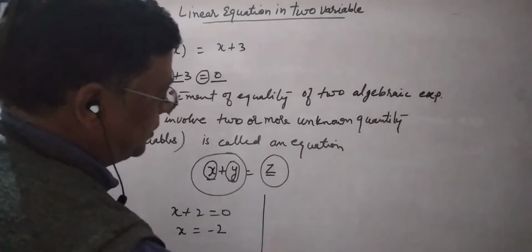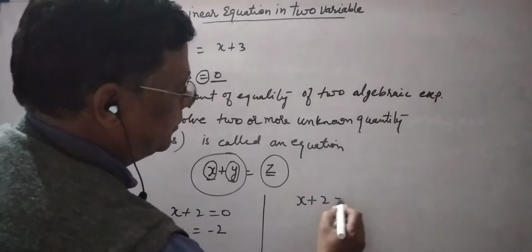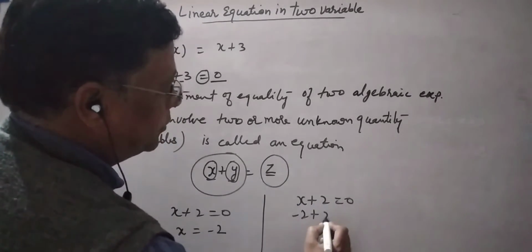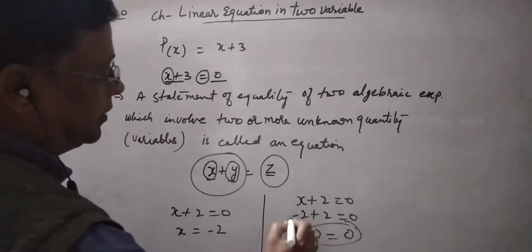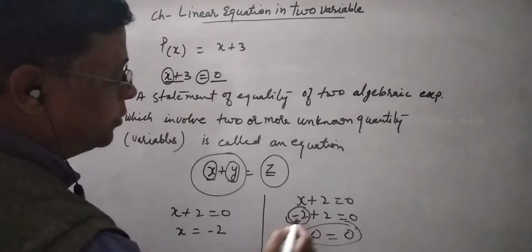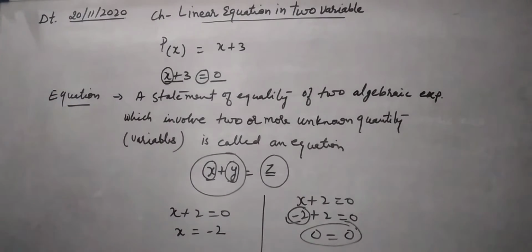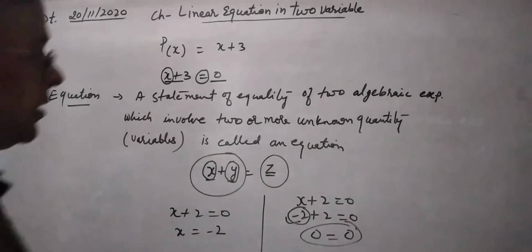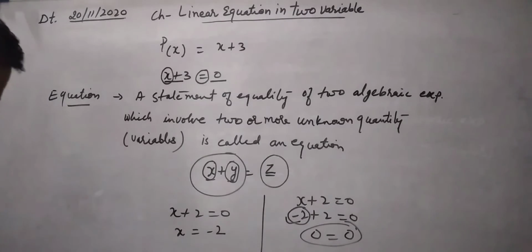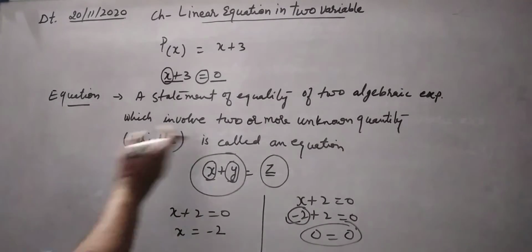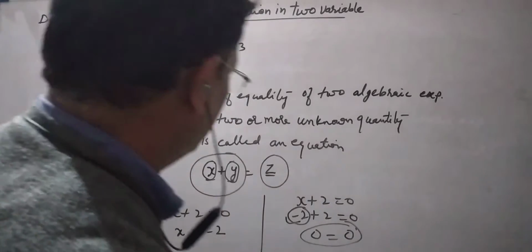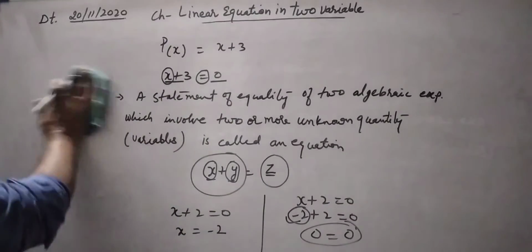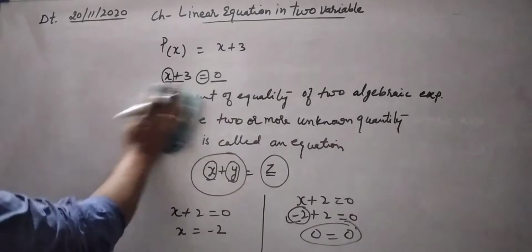When we substitute, minus 2 plus 2 is 0, so 0 equals 0. That means the value of x as minus 2 has satisfied both sides of the equation. The variable means the unknown quantity which has to be found out. That is called an equation and variable.